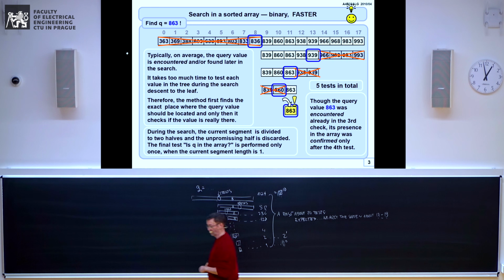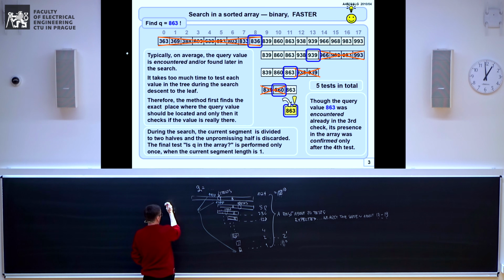If on the other hand you perform only 1 test on each line, just checking in which part your query is, so you will perform only, of course, 1 test here, 1 test here, and so on. Therefore, if you do 1 test, then you have to get to the last piece of the array, which size is only 1.